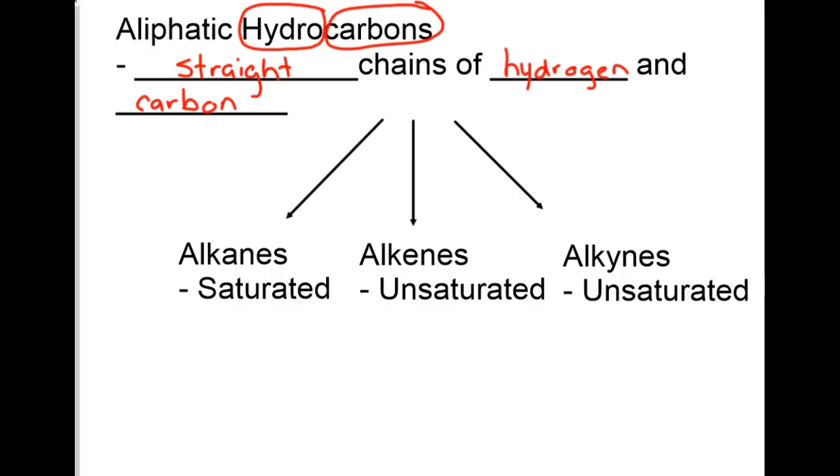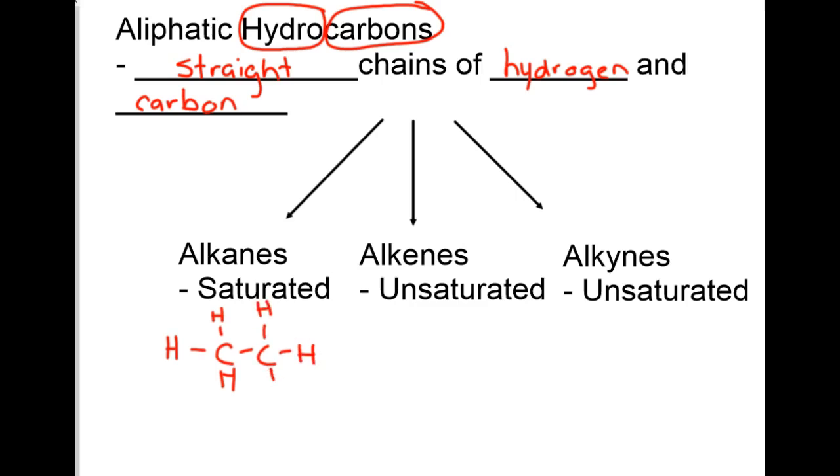We have 3 types of hydrocarbons that we're going to talk about. Alkanes, alkenes, and alkynes. Alkanes are saturated. What that means is that the carbon has the maximum number of hydrogen possible in its structure.